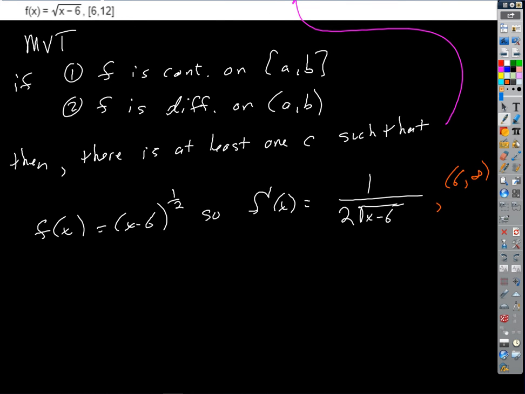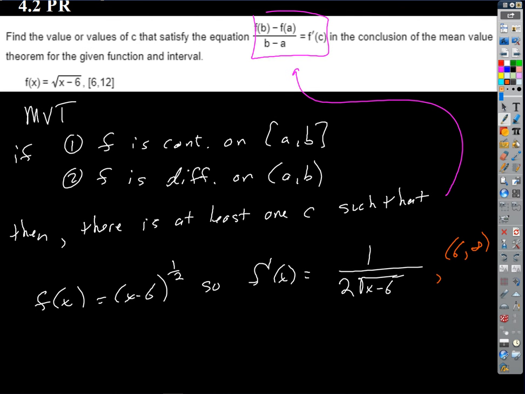So all we'd have to do is go figure out where that happens. What does this look like? You can set up an equation. f of b is the square root of 12 minus 6, which is just the square root of 6, minus f of a, the square root of 0, which is 0, over 12 minus 6. That gives me square root of 6 over 6. I want to know where that equals f prime of x, and wherever it does, we'll call those values c.